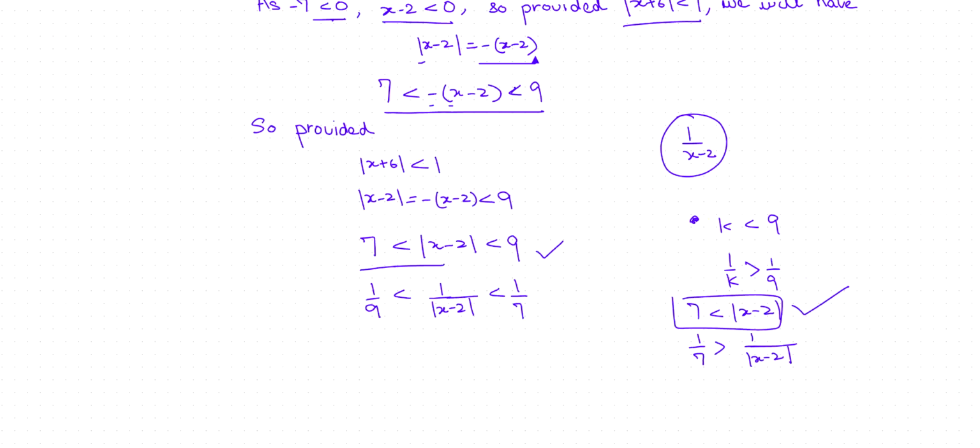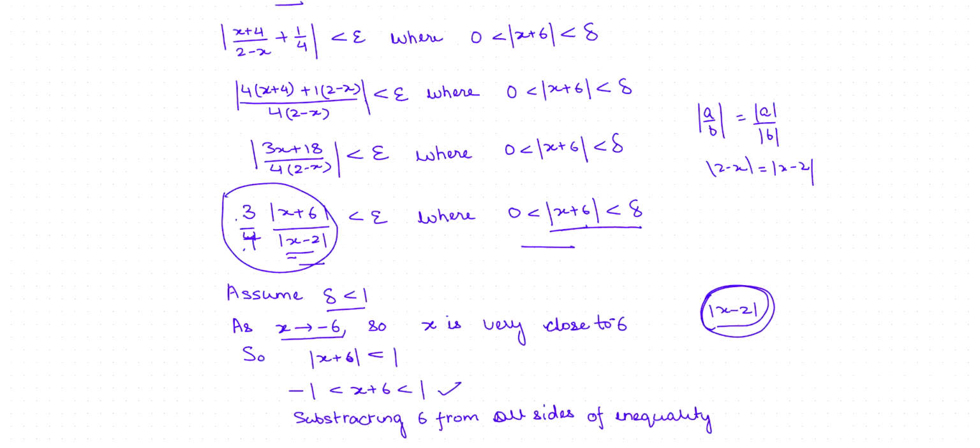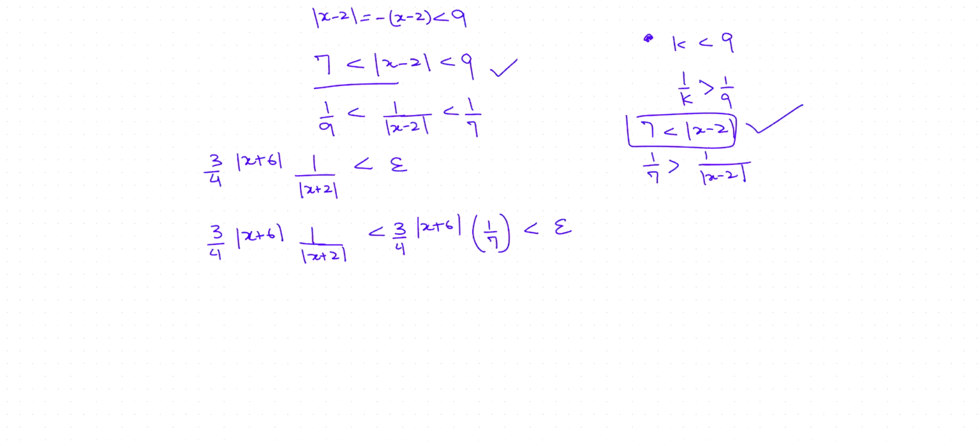Now this we will substitute in the equation we used here. Okay, in this equation we can put it here and get our values. So we see that 3 over 4 times the absolute value of x plus 6, times 1 over x minus 2, is less than epsilon.